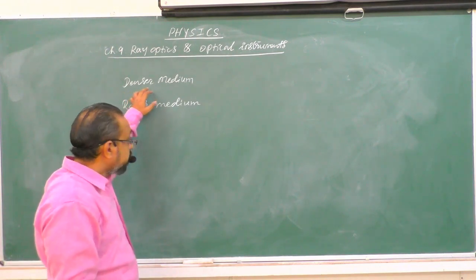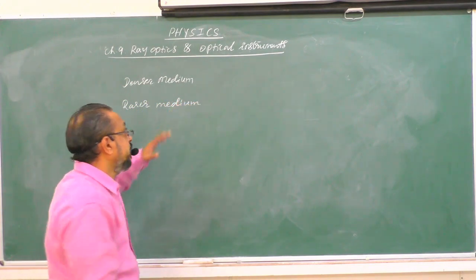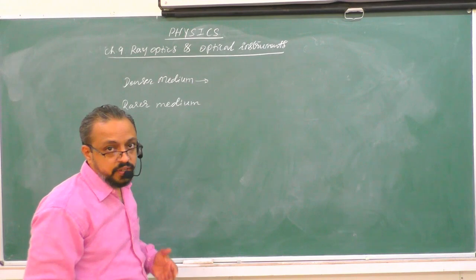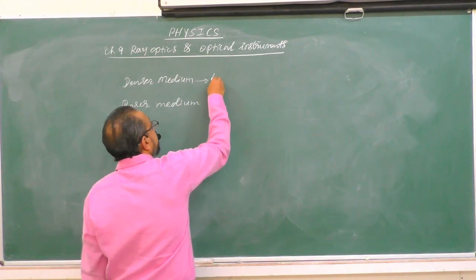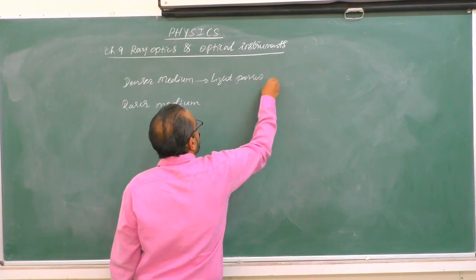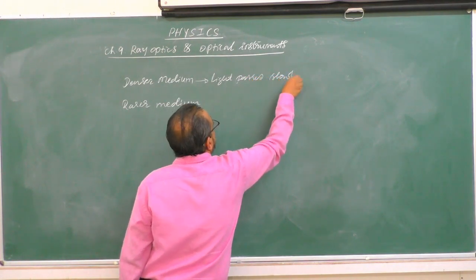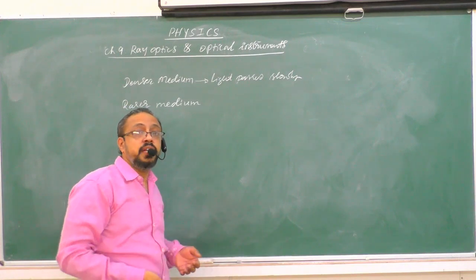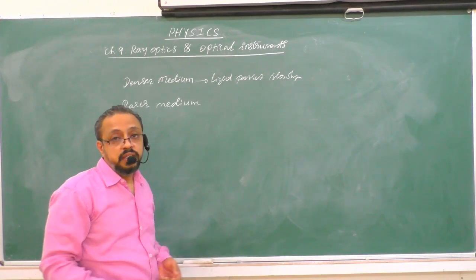Usually the term denser medium means a kind of medium in which light passes slowly. It should move slowly in that medium. That particular medium we technically call a denser medium.